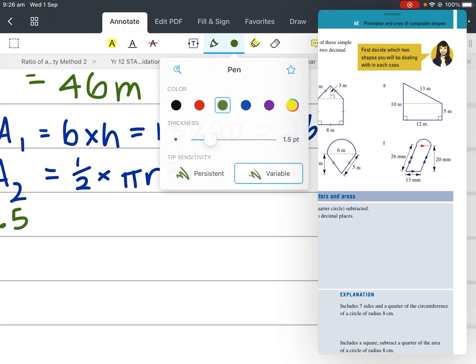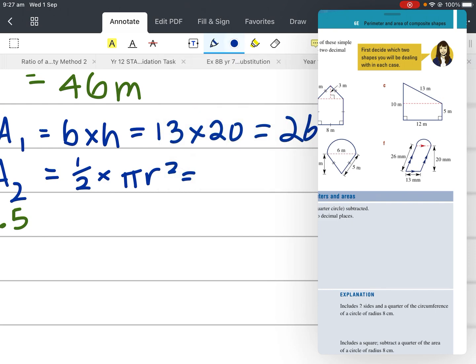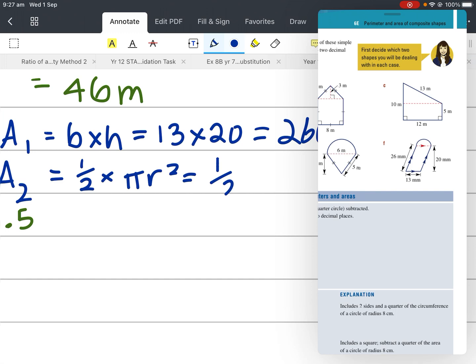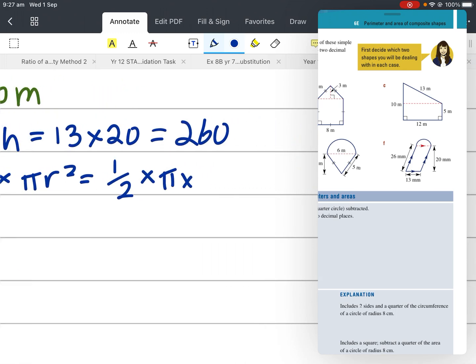So I'm going to use a half times pi times 6.5 squared, because that's the formula, isn't it? So a half on my calculator times pi times 6.5 squared gives me 66.37.